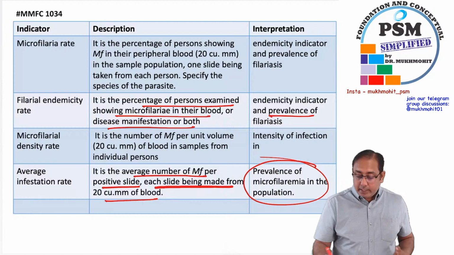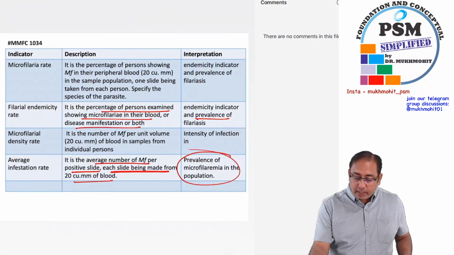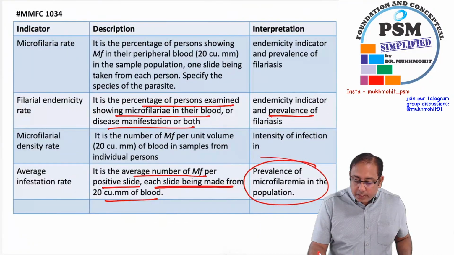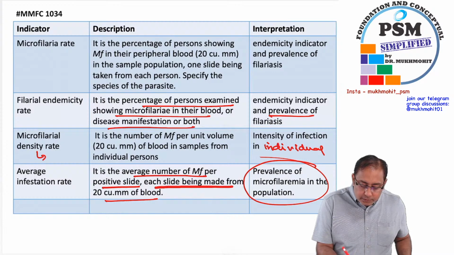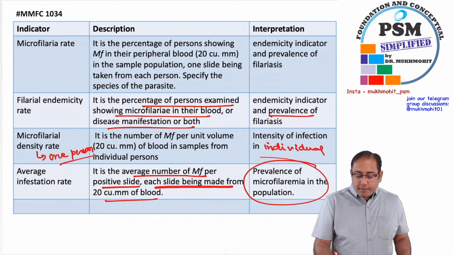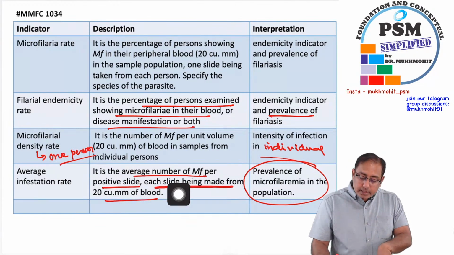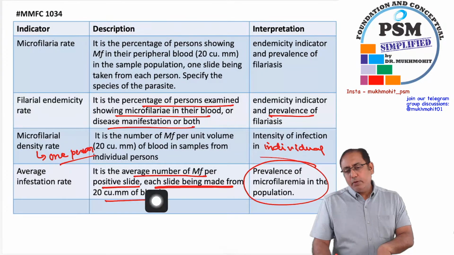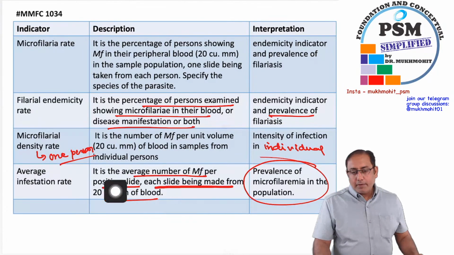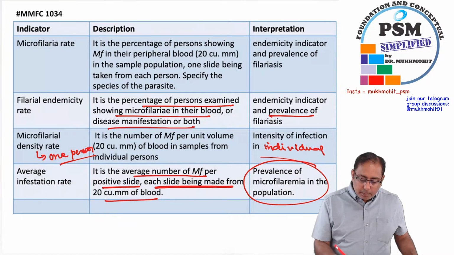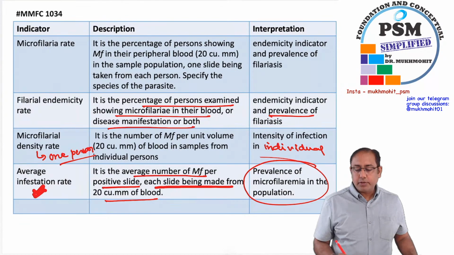Density is for one person. Density is for intensity in individual. Microfilarial density is for one person. But average number of microfilaria per positive slide, each slide being made from 20 cubic millimeter, so average number, it tells us about the average infestation rate.